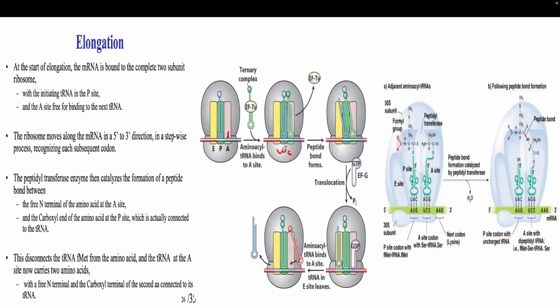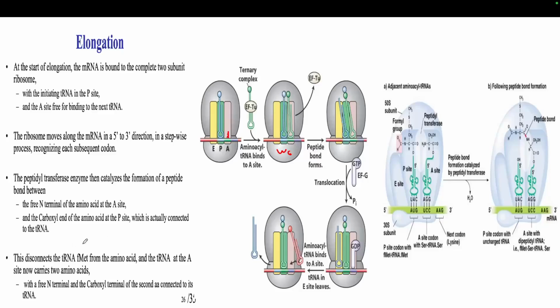Okay, so it will charge the phenylalanine and come to this A site. Then there will be the peptidyl transferase enzyme, which catalyzes the formation of a peptide bond between the free N terminal of the amino acid at the A site and the carboxy end of the amino acid at the P site, which is actually connected to the tRNA.